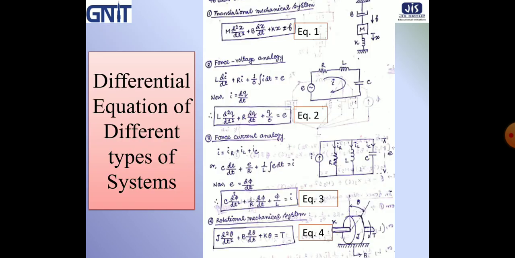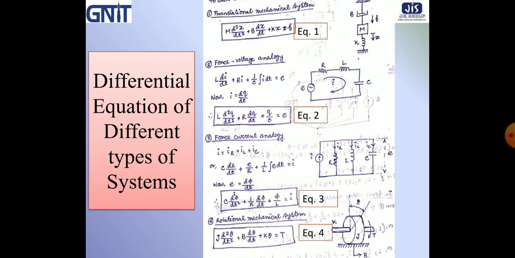Now let us take examples. In our previous lecture we saw the translatory mechanical system. What is a translational mechanical system? In a translational mechanical system, the motion of a body is along a straight line.